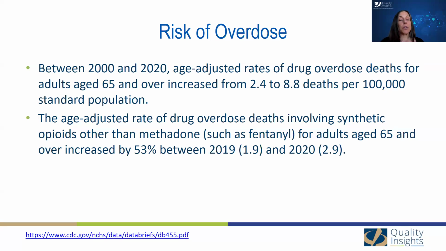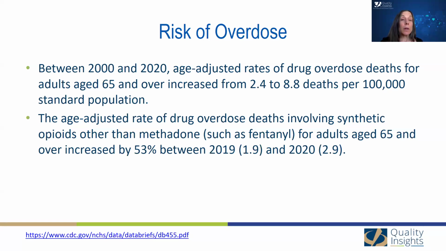And the age-adjusted rate of drug overdose deaths involving synthetic opioids other than methadone. So we're talking about fentanyl, and I think we all are familiar with what's going on around fentanyl. Overdose deaths involving fentanyl for adults aged over 65 increased by 53% between 2019 and 2020. So that's a fairly large amount.